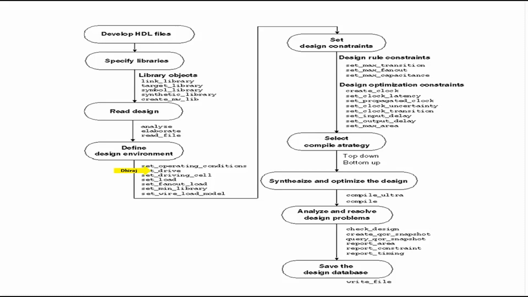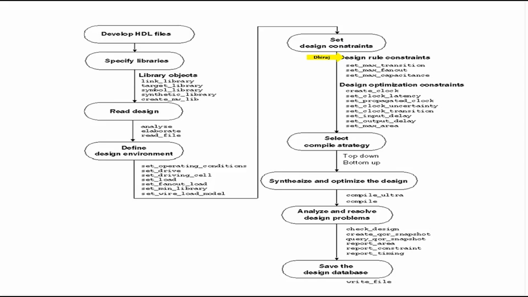Although the input and output loading conditions might differ for each block, the operating conditions, wire load model, etc. would be the same for all those blocks. But each of them will have a custom set of design constraints. When we look at the design constraints in detail, we will see what these are and why they will be different from block to block.